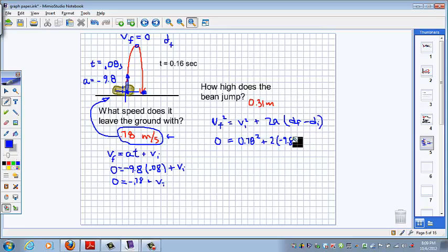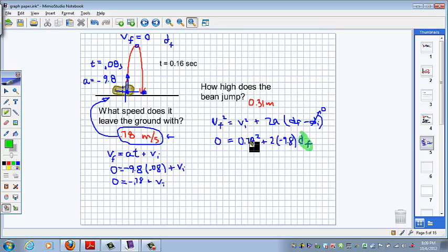Our initial distance, we argued, was 0, so that goes away. And our final distance is that thing that we're trying to solve at the top. Okay. Let's see, here we want to start moving things away from our unknown. That's our unknown there. So this guy is going to stay where he is.